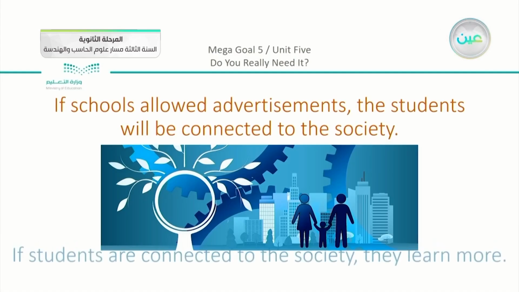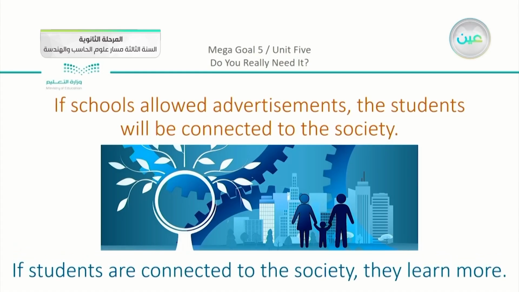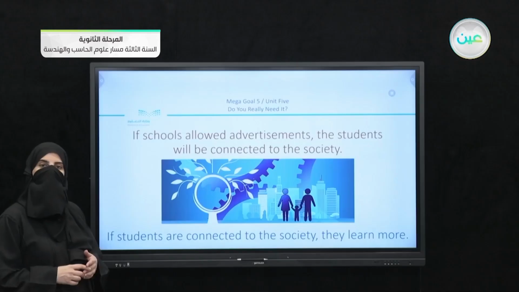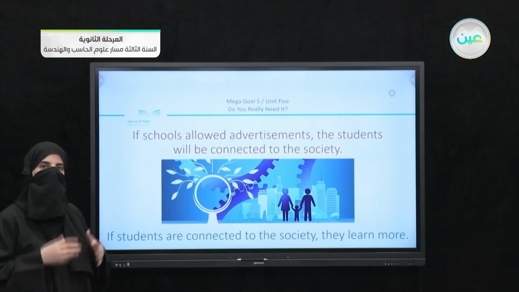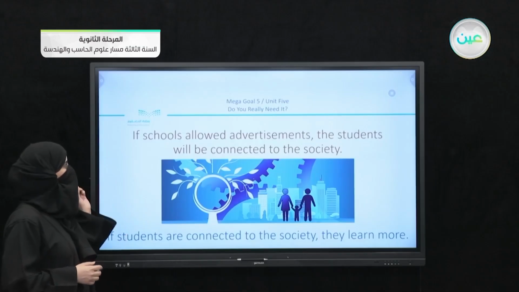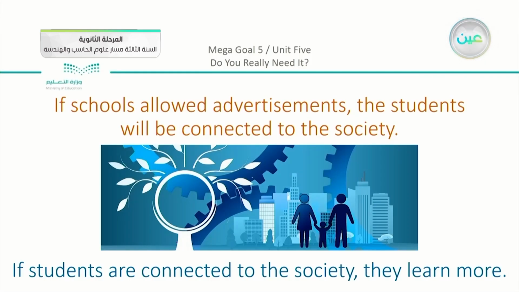And we can also say if students are connected to the society, they learn more. Now, if you see these two statements here, let's just go back and see the first one. If schools allowed advertisements, the students will be connected to the society. And as a result, we have here the second one. If students are connected to the society, they will learn more.